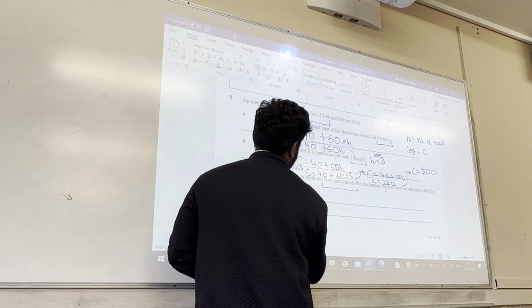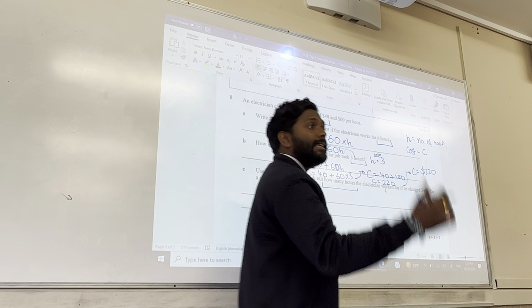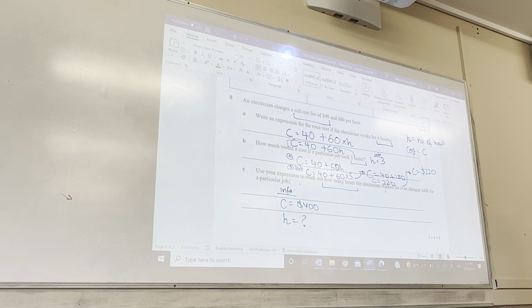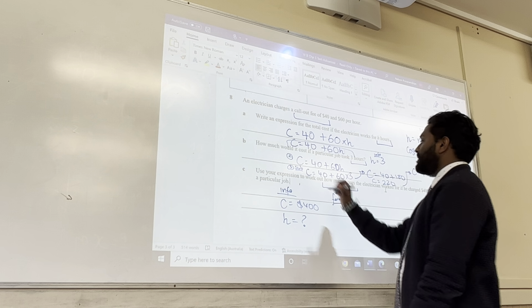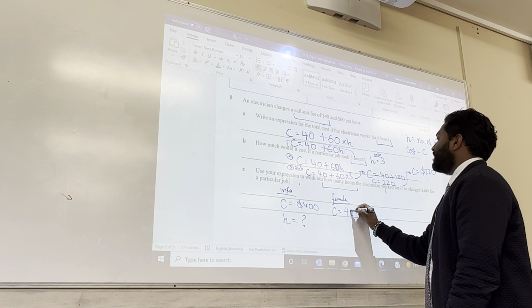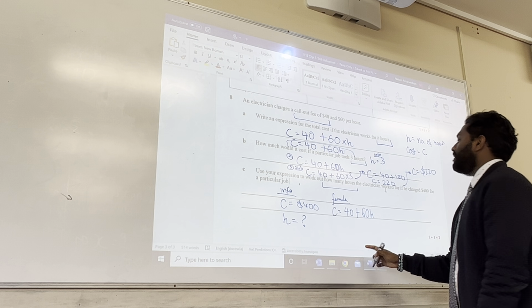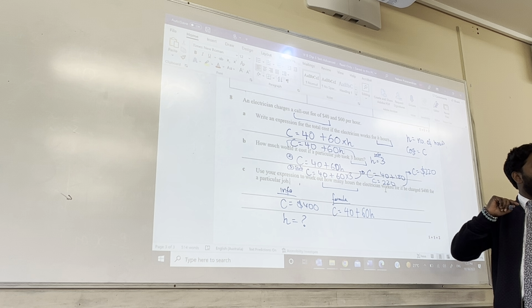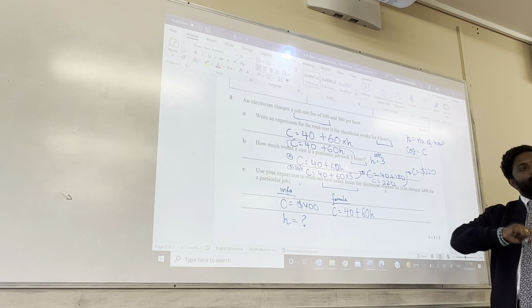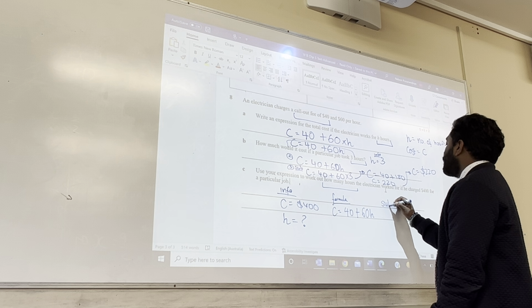So what I usually do is go H question mark, because then it tells myself what I need to work out. H. So what are we going to do next? What's our formula? C is equal to 40 plus 60H. We need to work out H. What's the third step that you said earlier? Substitute. What do we want to substitute?